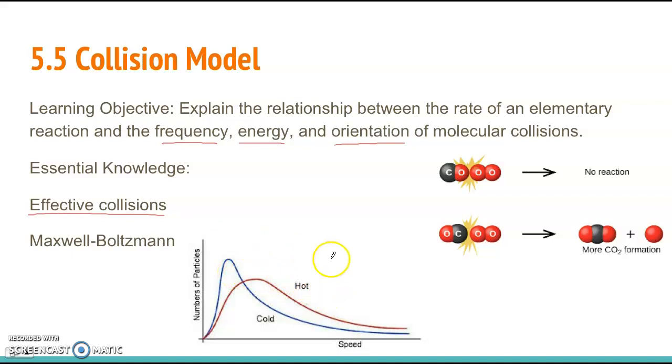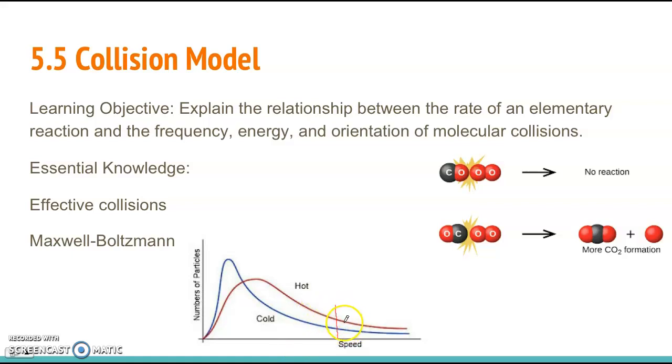And you can relate this to effective collisions if we draw a line right here, okay? At that speed, that's where the particles have enough kinetic energy to make an effective collision.